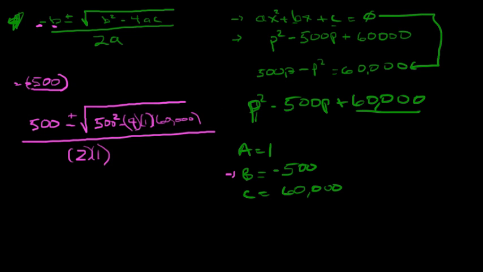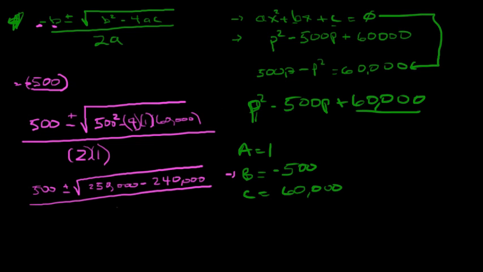Now you have to simplify that even further, and that becomes 500 plus minus square root 500 squared is 250,000. Minus 4 times 1 is negative 4 times 60,000, which is negative 240,000, all over 2.